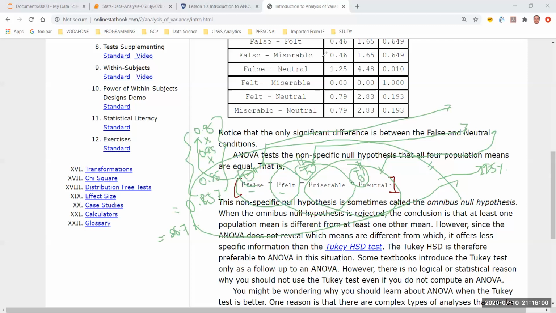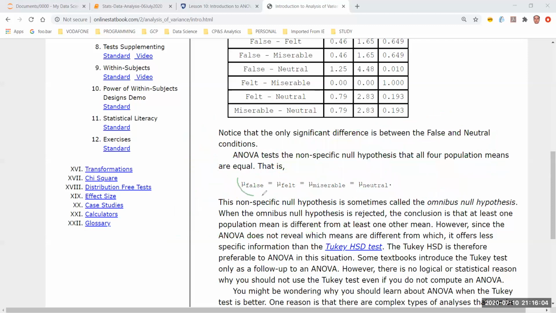Okay, let's try and explain what this groupism analysis means. This is one group of users, this is one group of users, and this is one group of users. So this is G1, this is G2, this is G3, and this is G4, right?